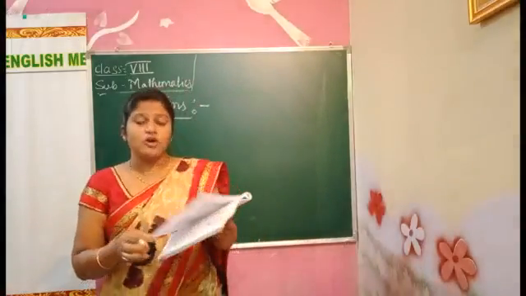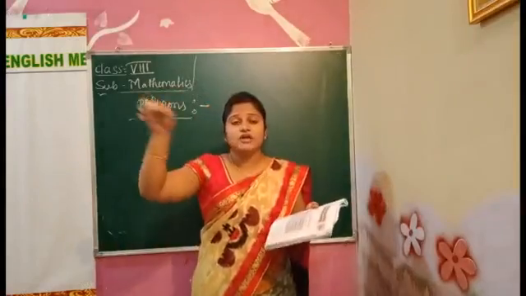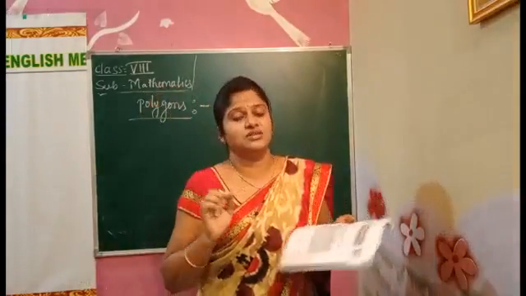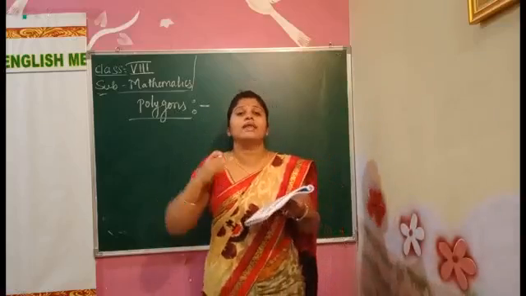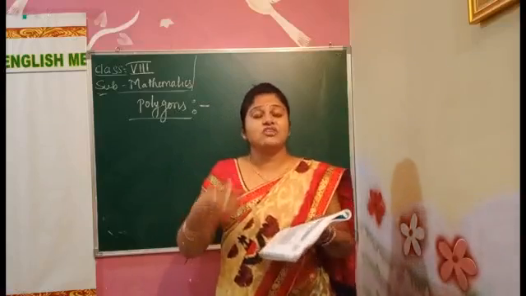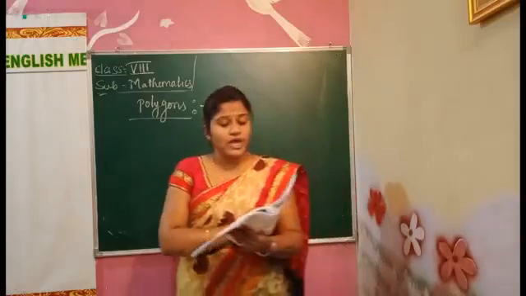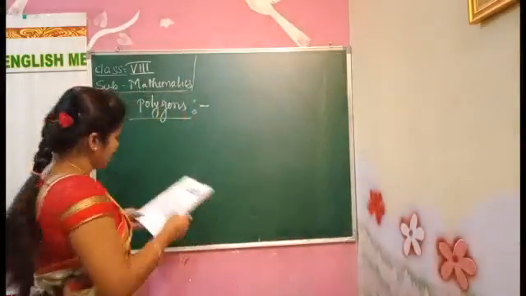The lines do not have to intersect with each other. The lines do not have to overlap with each other. That is called a polygon. Okay, for example, I will write the definition.